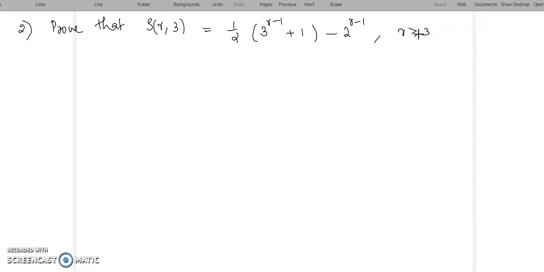So this is the number of ways of distributing r objects to 3 boxes. We have to show that that is equal to 1 by 2, 3 raised to r minus 1 plus 1 minus 2 raised to r minus 1.